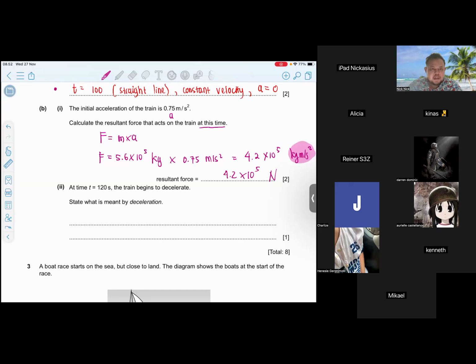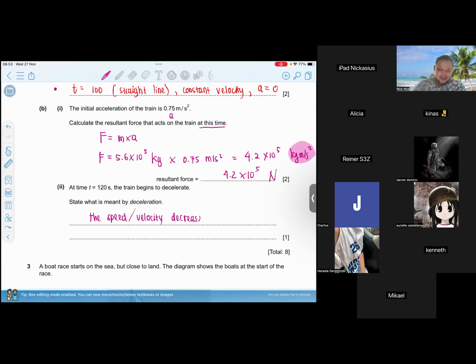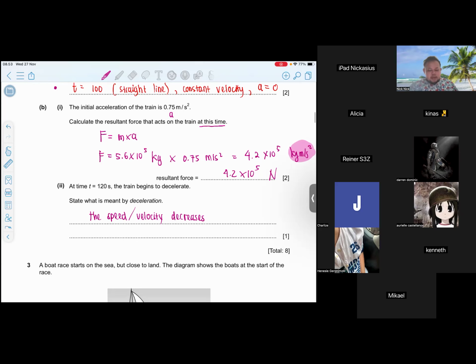Deceleration means the speed or velocity decreases. One mark. Wow, so easy. Just answer that, you will get a full mark. Correct, students. Number 3.